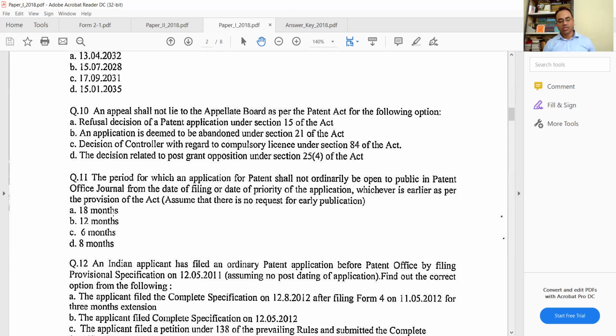read the section again, once again. For example, you encounter the same question again in, say, 2016, 2015. What do you do? You again read the section once again. Although you remember section 11A correctly, there is no harm in reading it again, or just giving a thought to it, just browsing it once again.